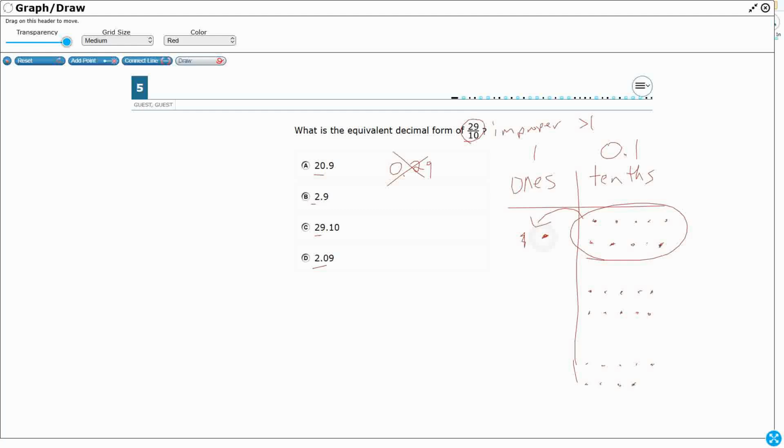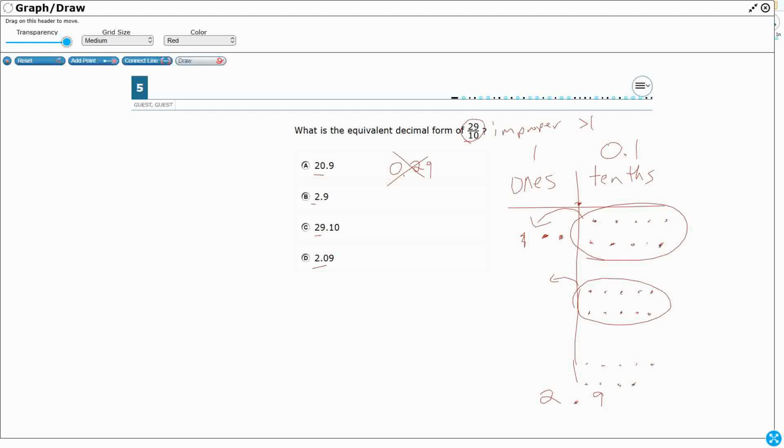Let's represent that with a dot to stay even there. I can take these 10 tenths and I can put another dot. So let's put a second dot there. I can't rebundle those 9 tenths because that's not enough there. So I've got 2 ones. It's my decimal. And I've got 9 tenths.